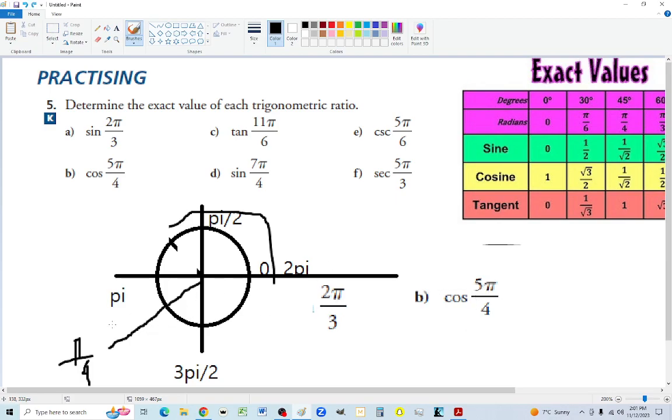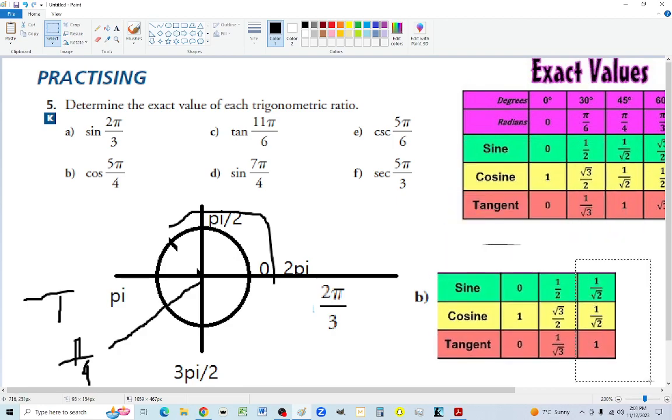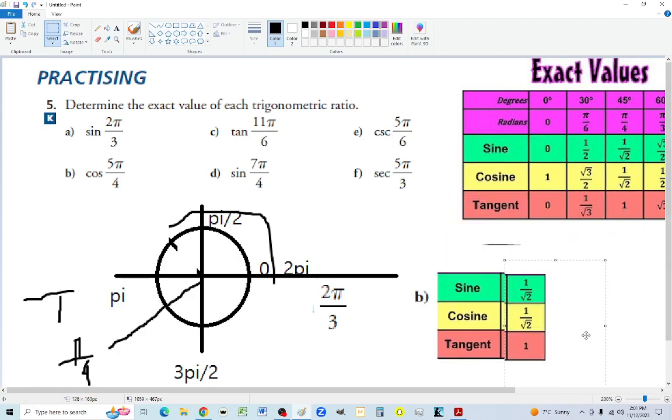If we look in this quadrant, the only thing that's positive is going to be tangent. So 45, we're talking about these, which means that sine is going to be negative, cosine is going to be negative, tangent is going to be positive.